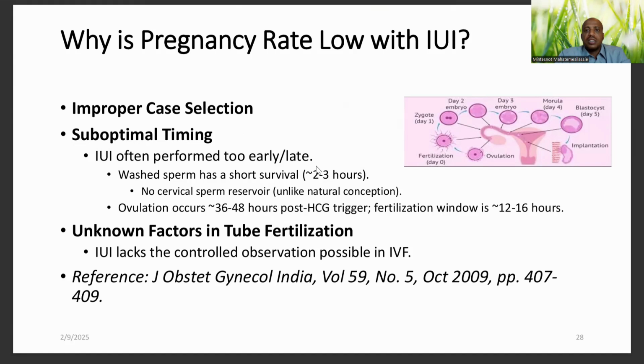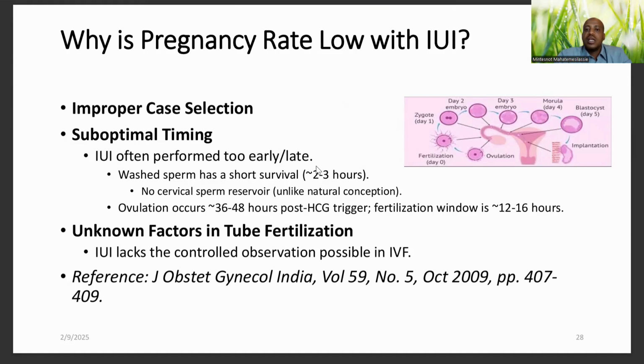The other reason we have low IUI success is suboptimal timing. If you do IUI too early or too late, the success rate is low. Once you do sperm washing, the survival of this sperm is only 2 to 3 hours because we don't have any cervical sperm reservoir in the case of IUI.